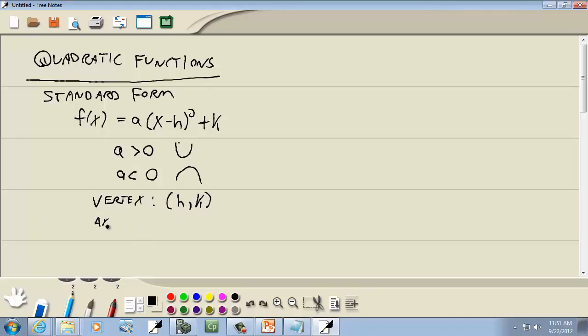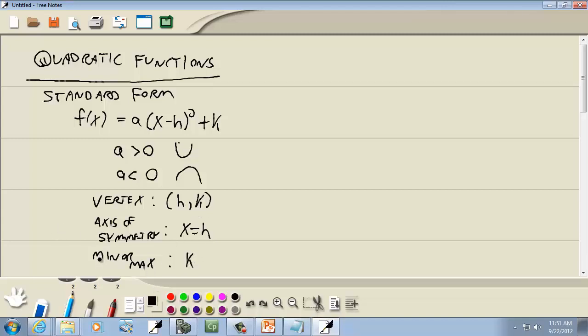Your axis of symmetry is going to be x is equal to h. And your min or your max is going to be your k value, your y value here.